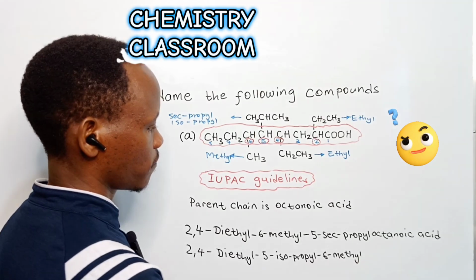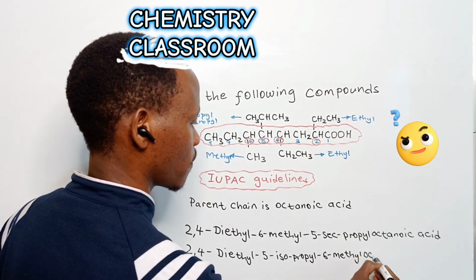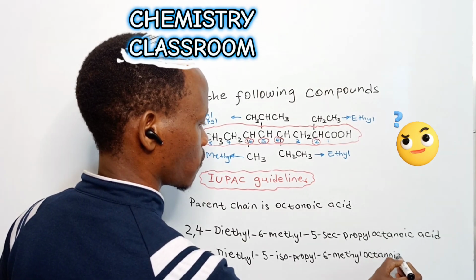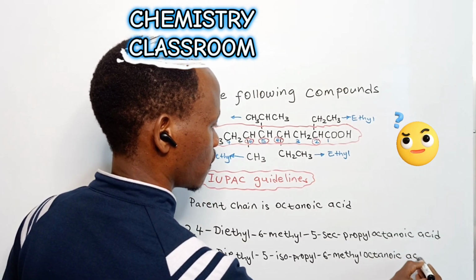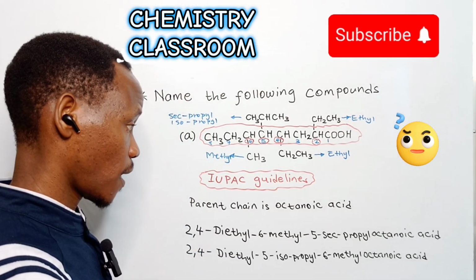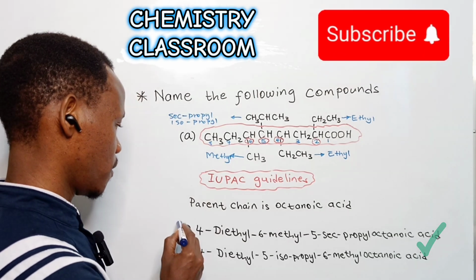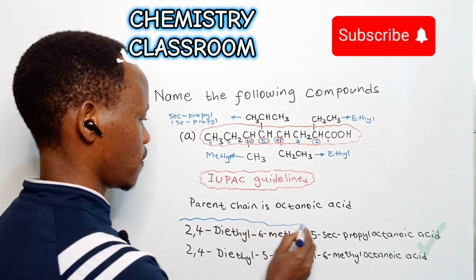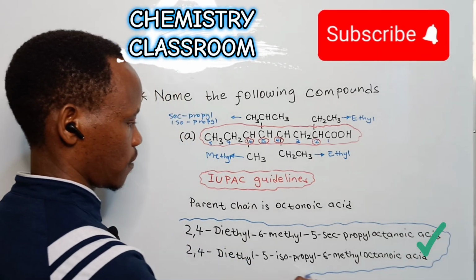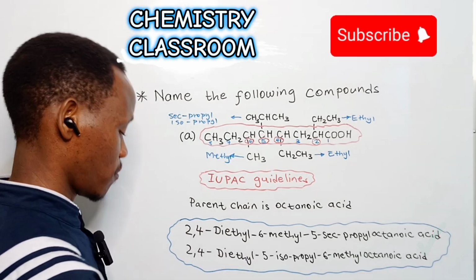And then finally, the parent name is octanoic acid. As simple as that. For matters of emphasis, let me encircle our names in blue ink so that it becomes distinct to everyone watching.